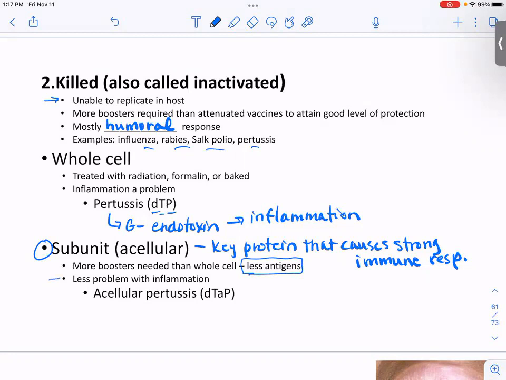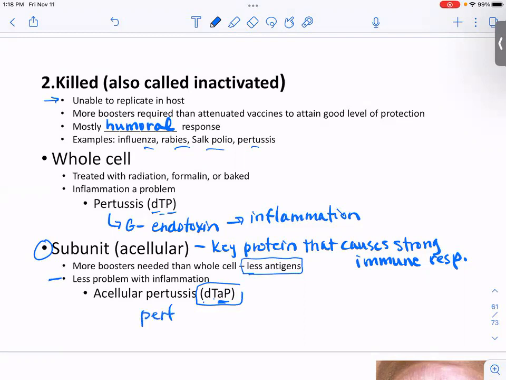But we do have less inflammation. So now we switch to the acellular pertussis. That vaccine is diphtheria, tetanus, and then the aP, DTaP, which stands for acellular pertussis. Again, less inflammation, but it tends to not work as well.